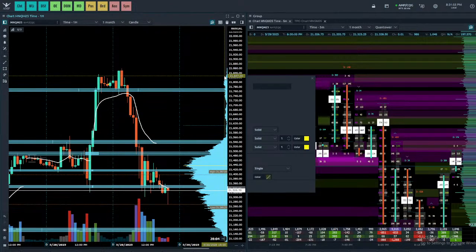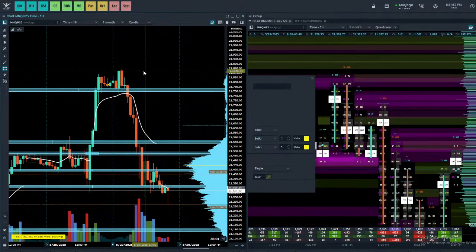I guess you can call this a low value node up here as well. I'm gonna go ahead and mark this out right here.